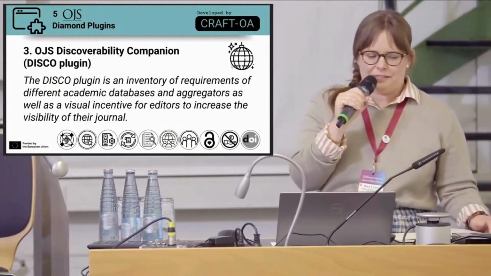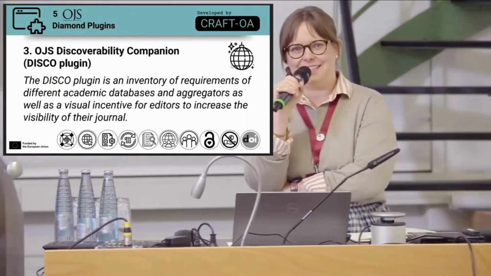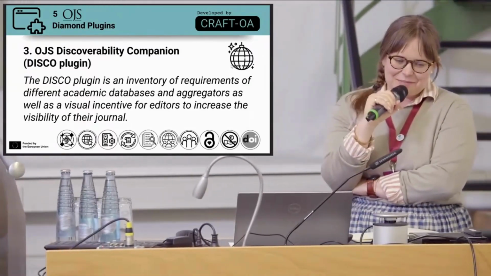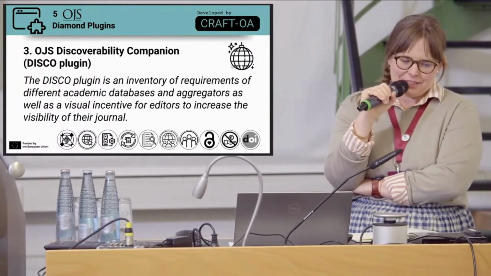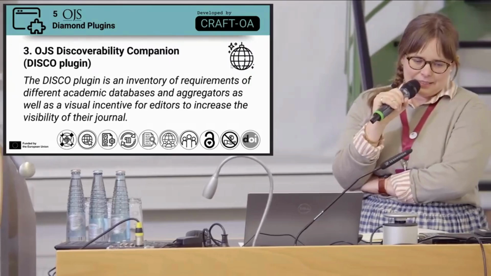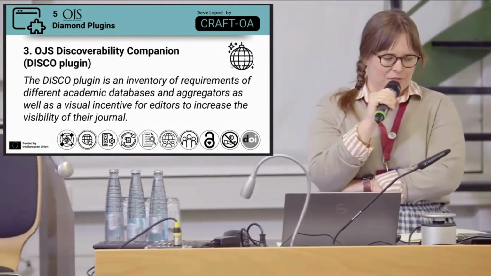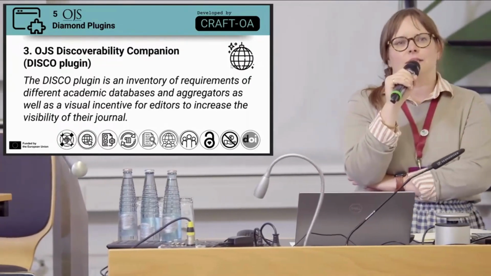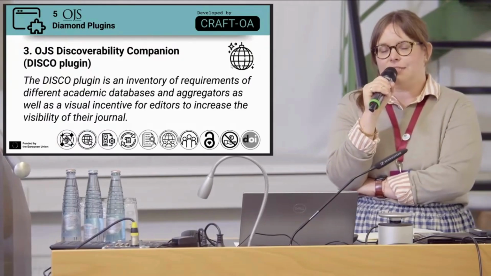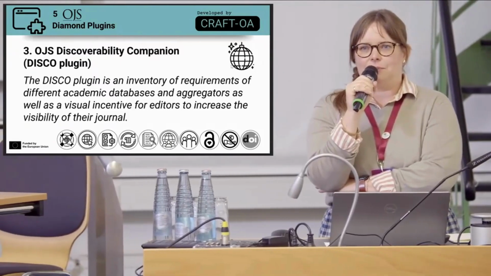The third plugin is the famous Disco plugin. So I really hope that all of you dreamed about it, as Margot suggested yesterday. The Disco plugin is closely connected to the knowledge base of scholarly indexes that Arno presented yesterday. Basically, it's a consolidated list of requirements of different scholarly indexes. Often the requirements are very similar or even the same across different indexes, but they are named and described differently.